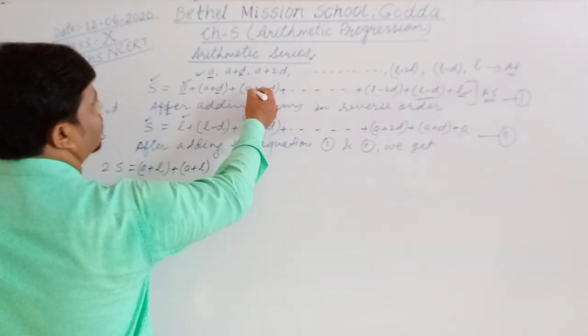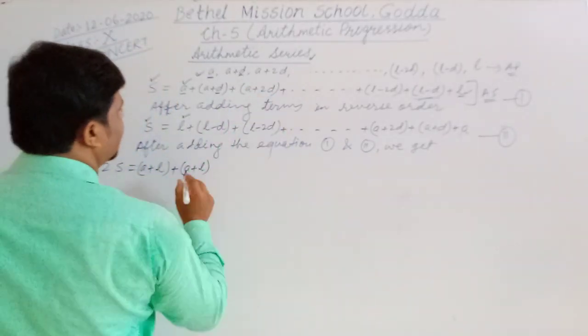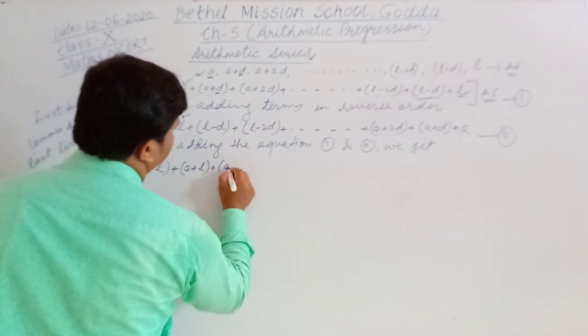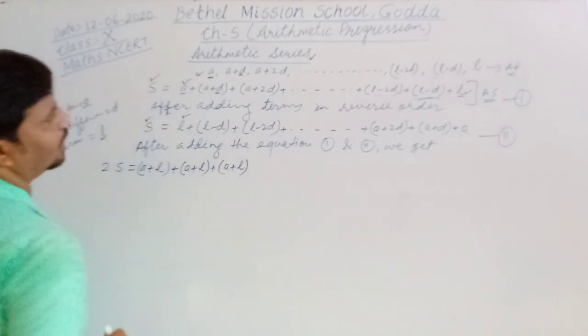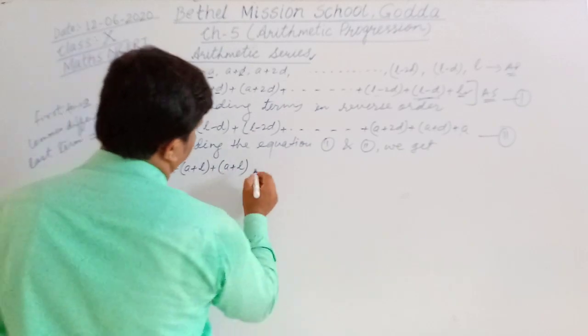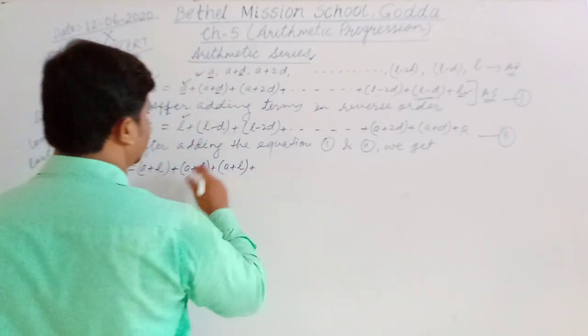What is left is A and L, so A plus L will be there again and again.